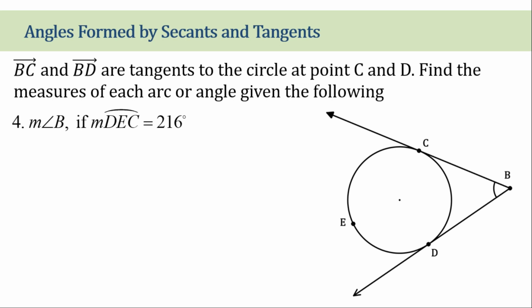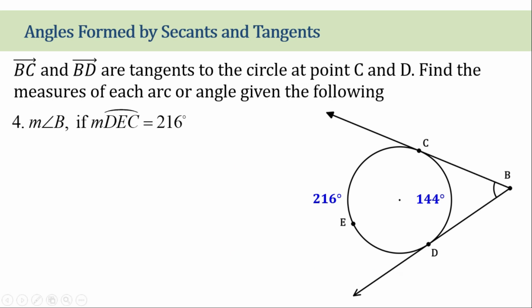Next is to find the measurement of angle B if the given is that the arc DEC is equivalent to 216. Now again, what is the value of this? This is equal to 360 minus 216, and that is 144.